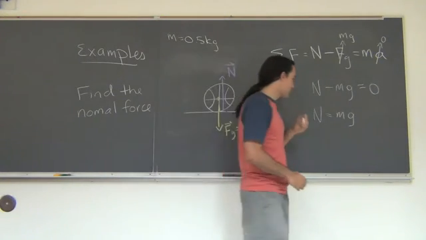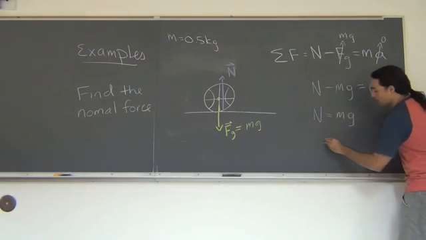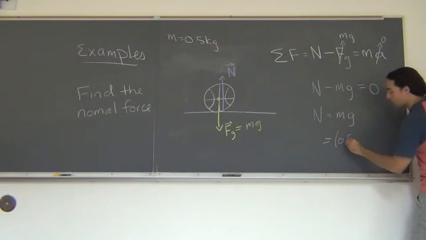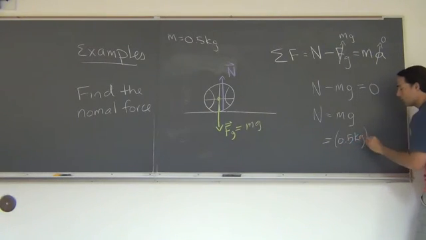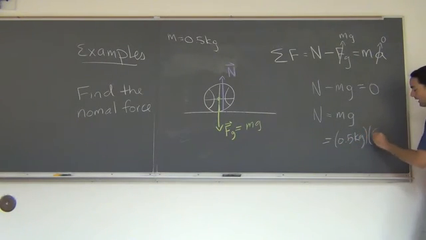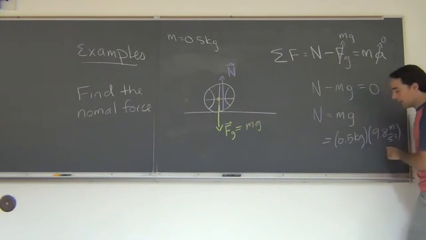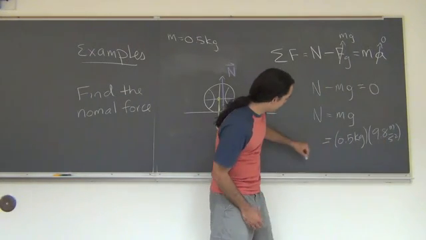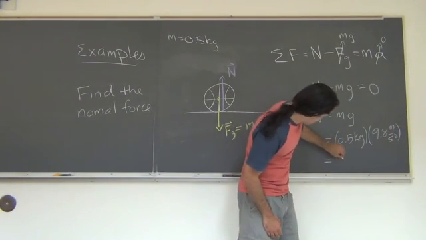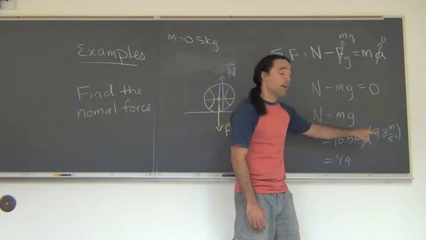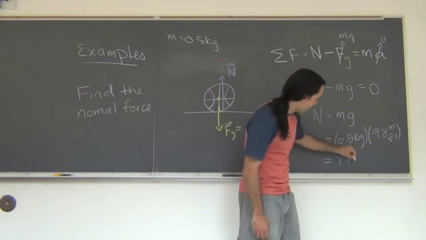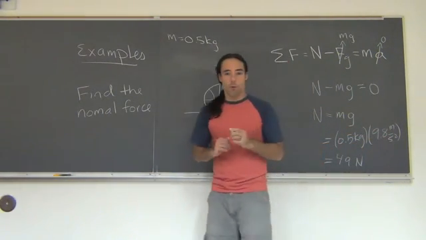Since I solved the algebra, I can say this is going to equal the mass, which is 0.5 kilograms, times g, which is 9.8 meters per second squared. 0.5 times 9.8 will give me 4.9 kilograms meters per second squared, which is the same as 4.9 newtons.